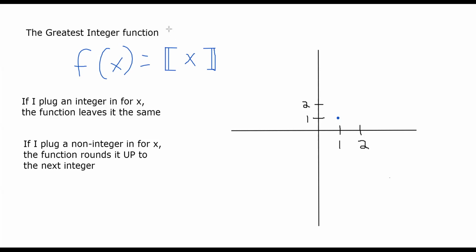So if you put 1.01 in there, it's going to round it up to 2. If you put 1.5 in there, it's going to round it up to 2. If you put 1.999 in there, it's going to round it up to 2. And if you put a 2 in there, it stays as 2. What happens is you get a flat line for every x value between 1 and 2.